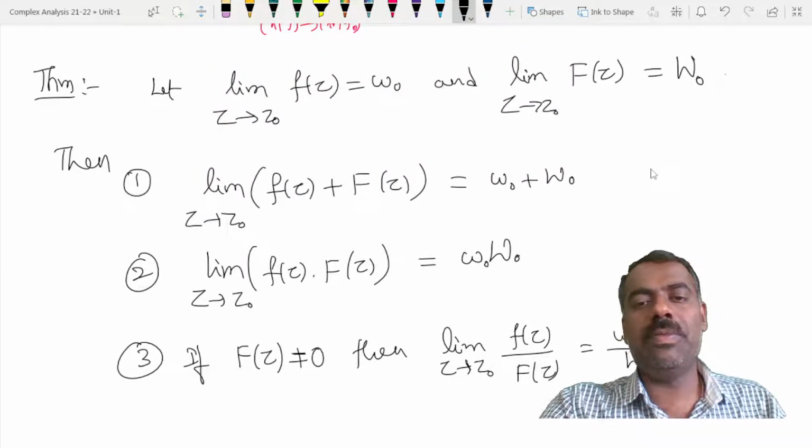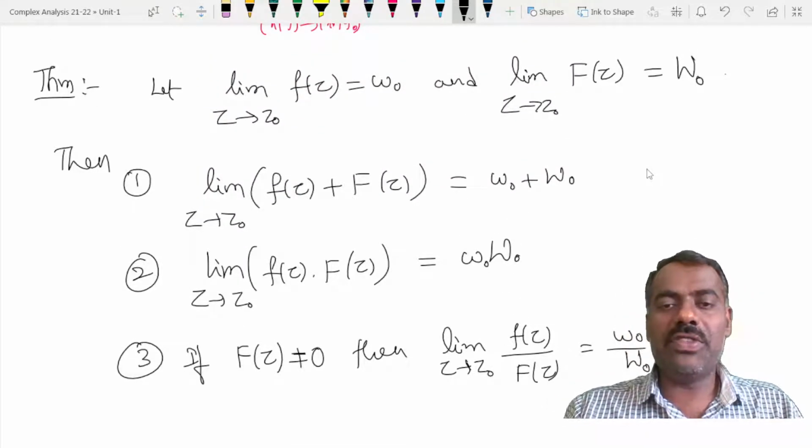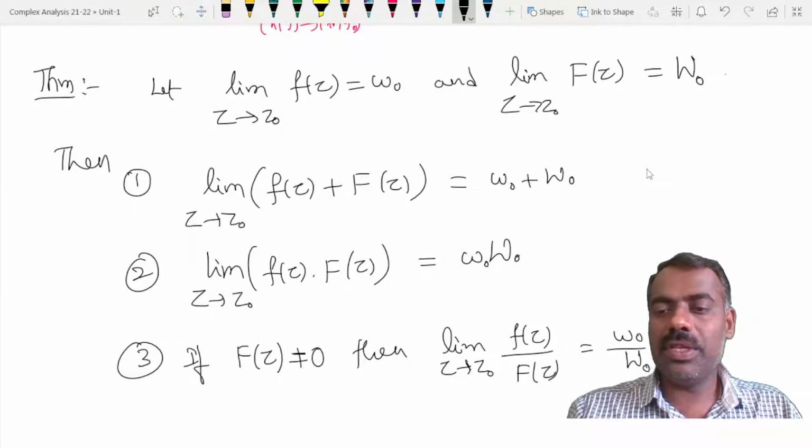It's simply the algebra of limits: limit of sum of the functions, limit of product, limit of the quotient, right?